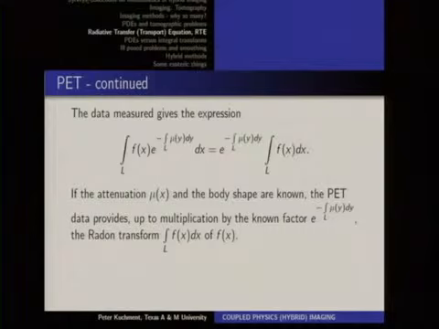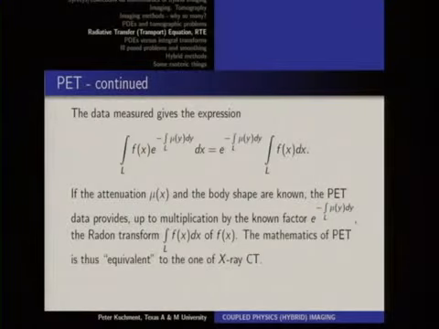And then look what you have. You have the standard Radon transform and a function that, hopefully, you know. If you know the attenuation and you know the shape of the body, you know this function. So essentially PET mathematically is kind of equivalent to the Radon transform.